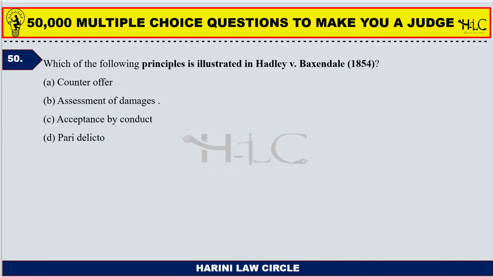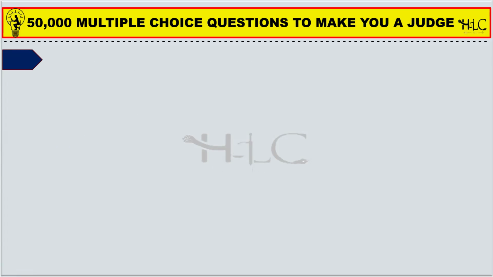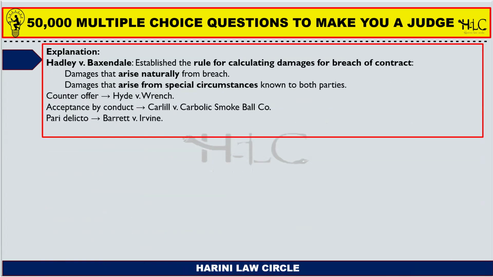So, counter offer, assessment of damages, acceptance by conduct, pari delicto. So, our correct answer is assessment of damages. So, Hadley versus Baxendale established the rule for calculating damages for breach of contract, damages that arise naturally from breach, damages that arise from special circumstances known to both parties.